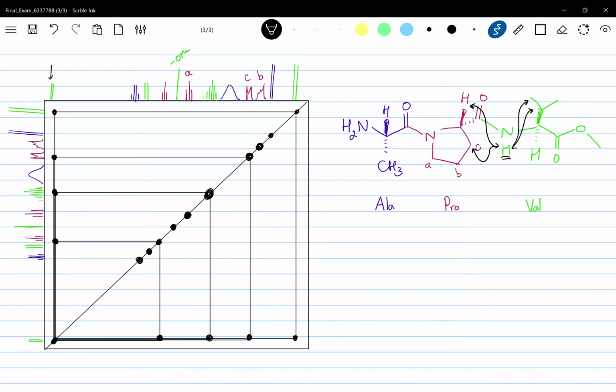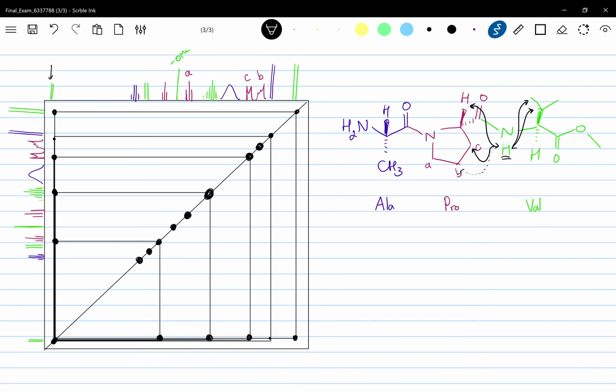Yeah, well, we might be able to see the interactions between this NH proton and the B protons, but it might be a bit weak. So, well, let us just draw it, but being weaker. So I draw it as these small spots.